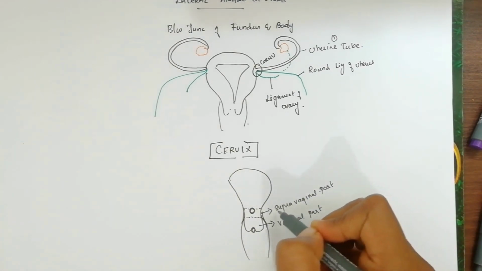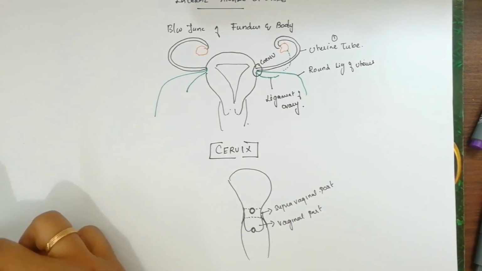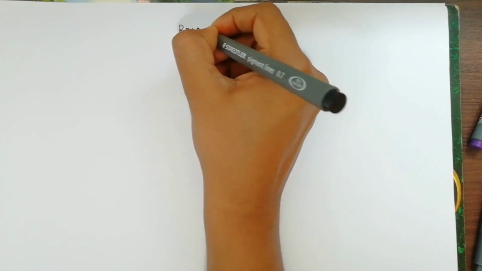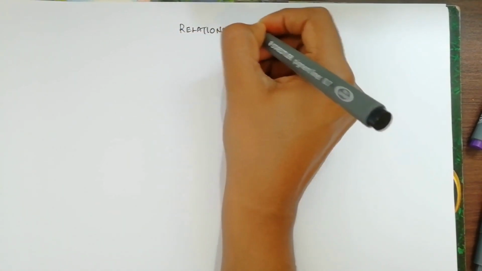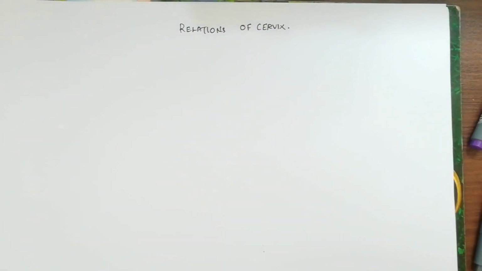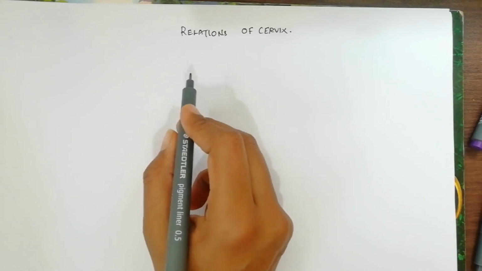Now we are going to deal with the relations of this whole cylindrical part of the uterus, the cervix. In this we are going to see the parts' relations separately.